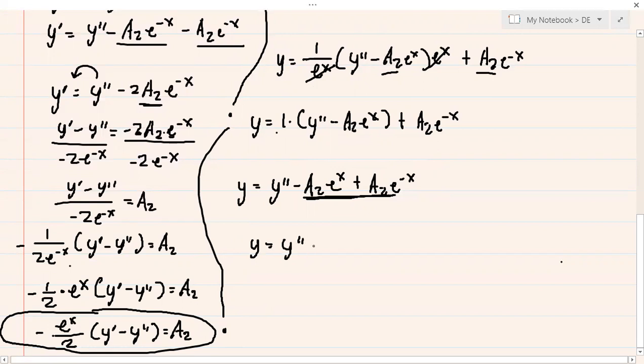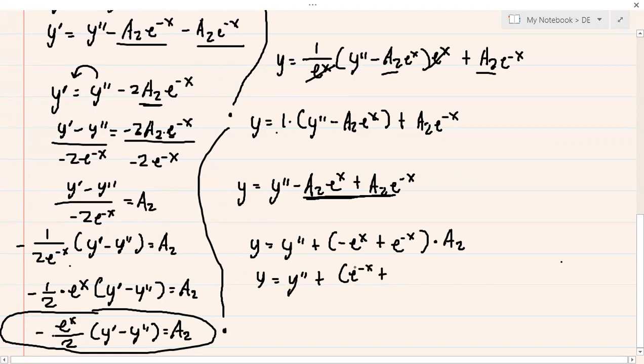Y second prime plus quantity negative e raised to x plus e raised to negative x times a sub 2. Alright? Then I can further substitute a sub 2 with this one. So I will have y second prime times quantity e raised to negative x.